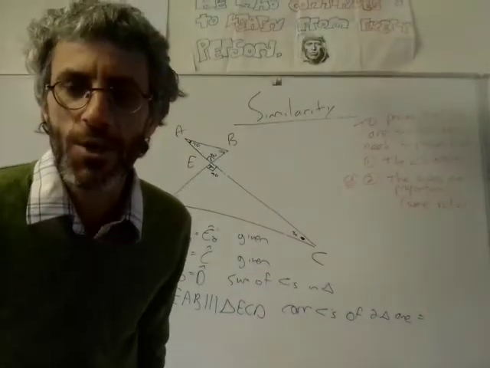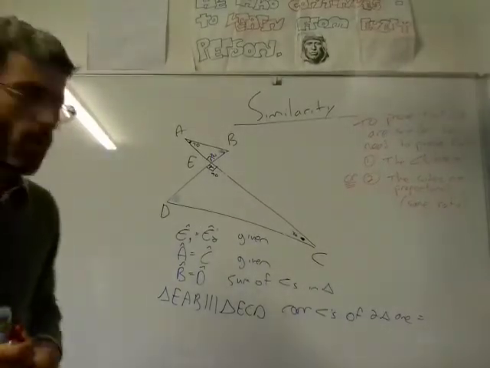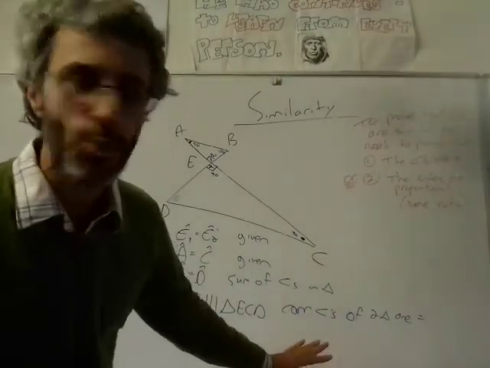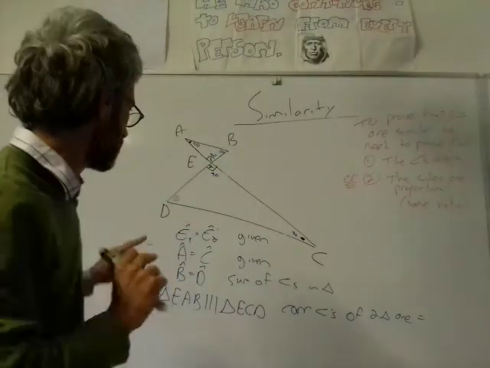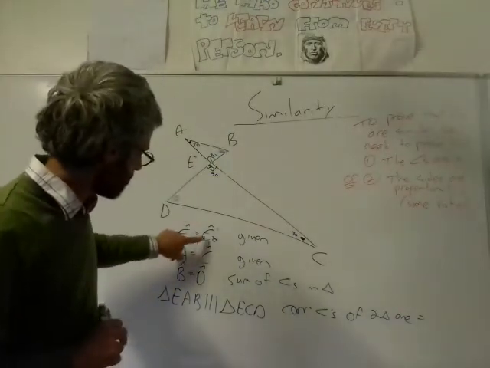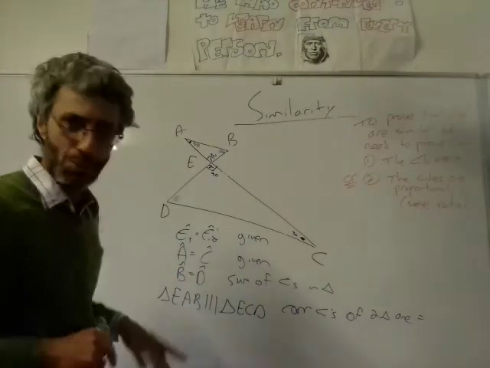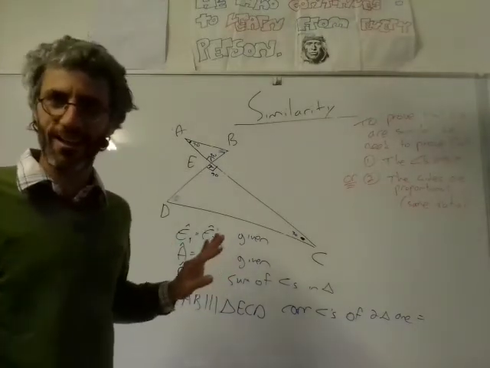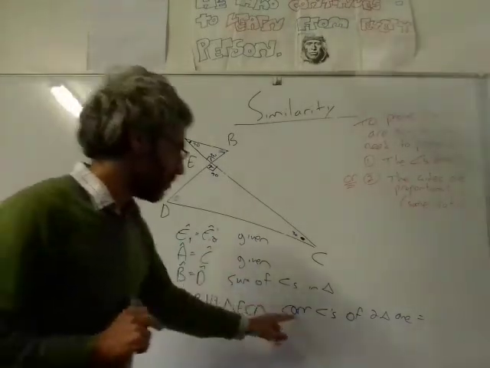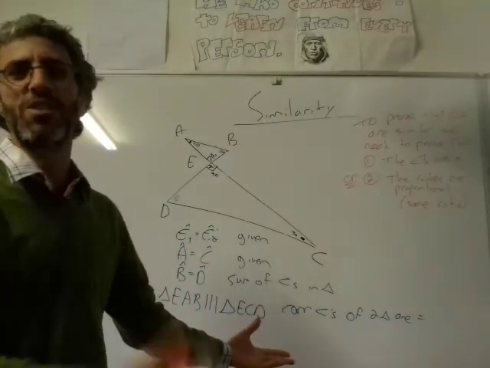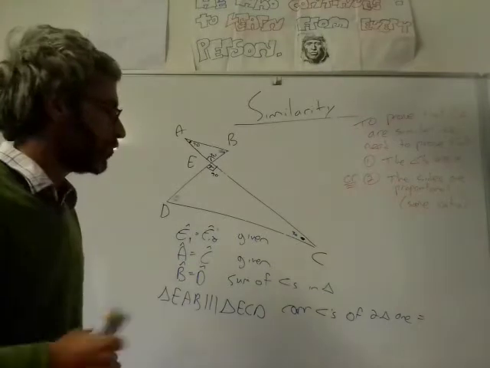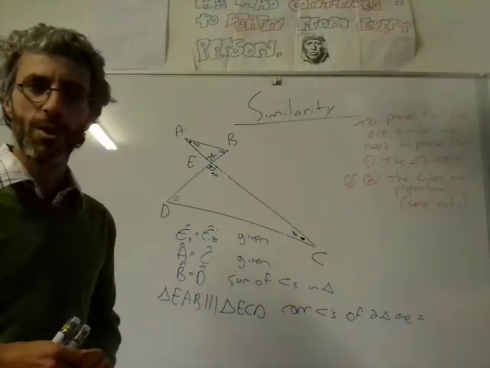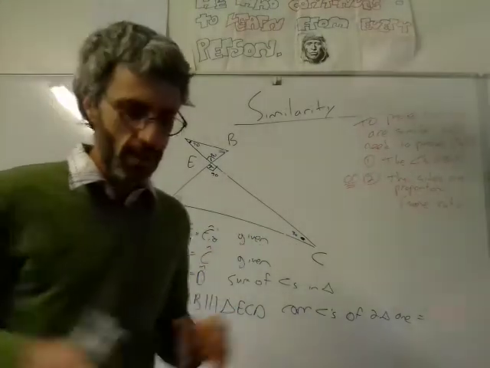It's very important: these are not the corresponding angles from parallel lines. Corresponding here means that this corresponds to that, this corresponds to that, this corresponds to that. There are no parallel lines here. Don't get confused. That's the reason you need to be able to state when you prove similarity: corresponding angles of the two triangles are equal. And that's it. We proved it.